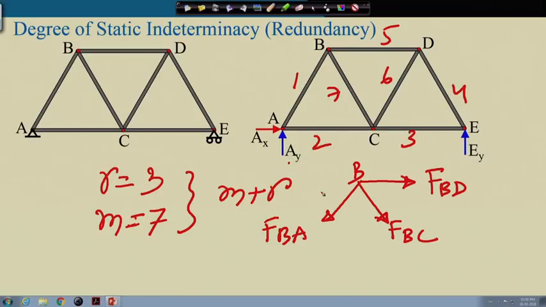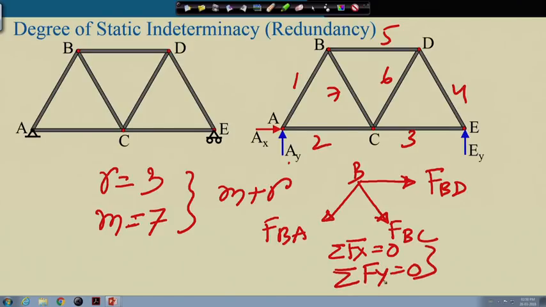So, there is no moment resistance. The only resistance we have is in translation, I mean x and y translation. So, the only equilibrium equations available here are summation of Fx equal to 0 and summation of Fy equal to 0.